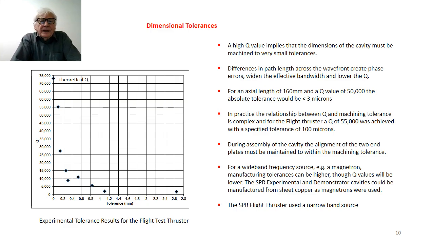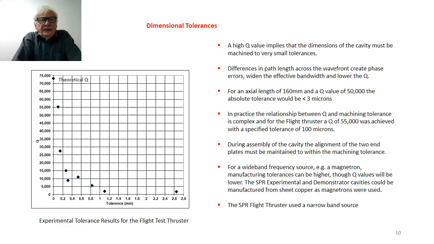Now, if you look at the plot shown on the left, you'll see how the measured Q of the cavity varies with the mean tolerance of the manufacturing techniques used. This was not an easy set of experiments to do, but we were quite pleased to get consistent results.